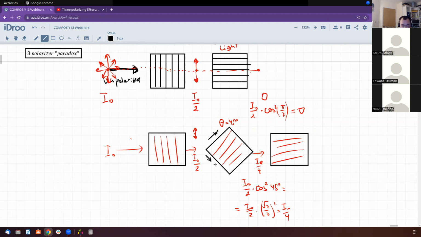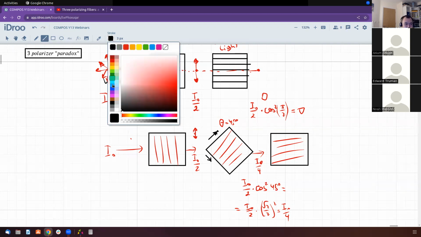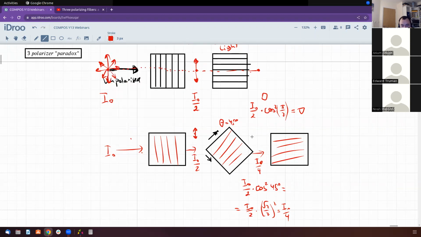It cuts off this direction and allows this direction. So the light coming out of this polarizer is now polarized at 45 degrees. It's no longer vertically polarized light. And now light polarized at 45 degrees falls onto a 90-degree polarizer.